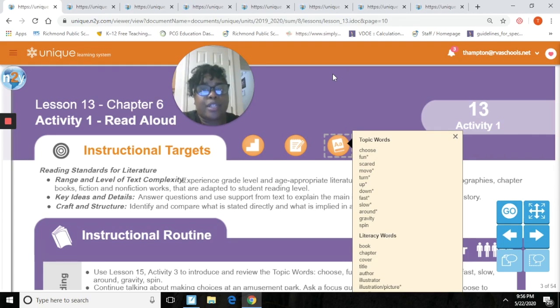Then you can get a dictionary and compare your definitions to the definitions you find in the dictionary. You can also put these words in alphabetical order. And here's another great thing you can do. You can draw a picture of the words. Let's say if you choose the word scared, you could possibly draw a picture of something that looks scared. That can help you to remember the words. These are all additional activities you can do once we finish reading the story.